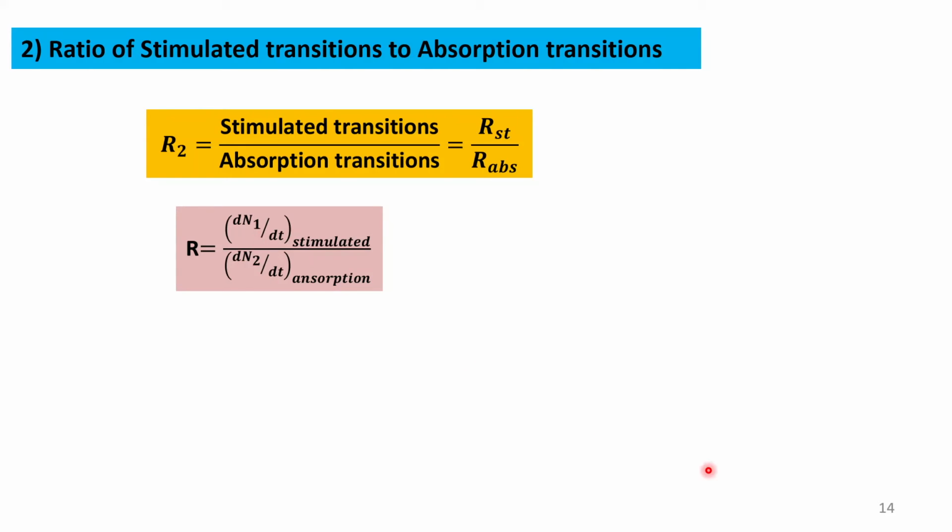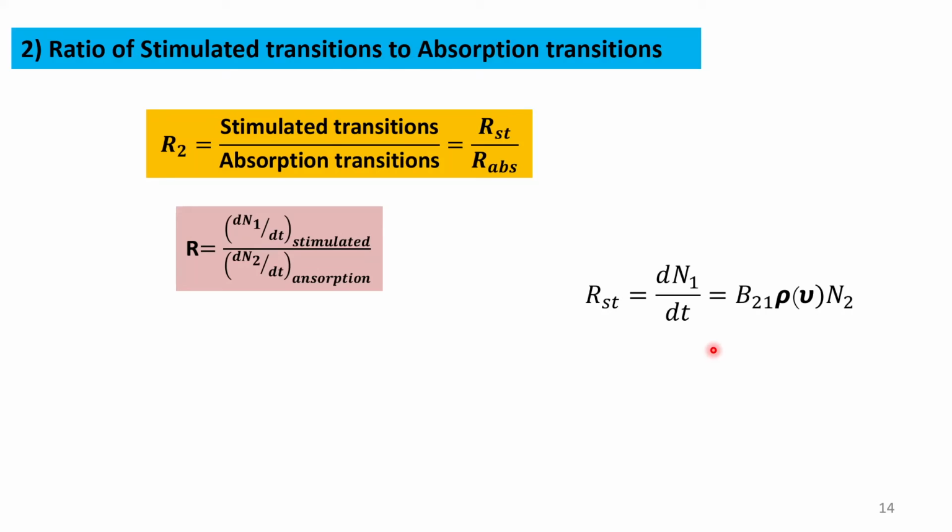So we can write here in terms of the rate of the transitions of the atomic levels. So we get R is equal to dN1 by dt during the stimulated transition divided by dN2 by dt during the absorption transitions.